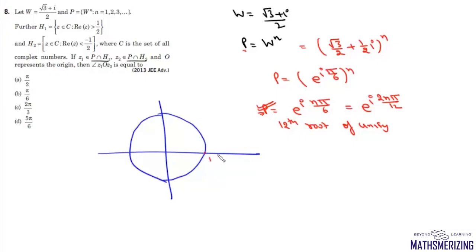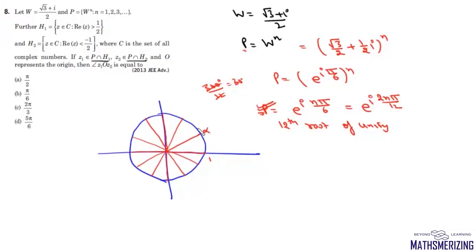One of the roots is 1, and then the angle between any two successive roots will be 360 divided by 12, and that is 30 degrees. So we'll have these 12 roots of unity.